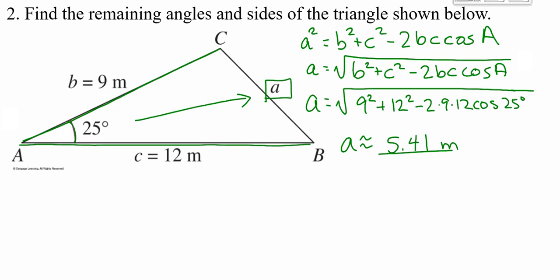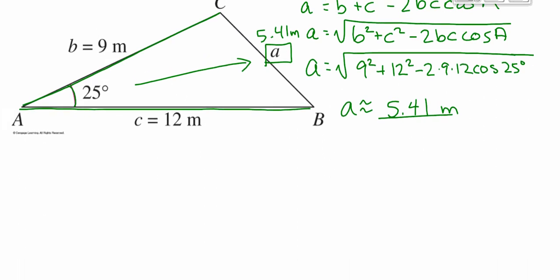So now I'm going to notice something, and that is that I have not found the largest angle. And so the easiest way to not have issues, and there are other ways to do this as well, is to find angle C next because it's opposite the largest side.